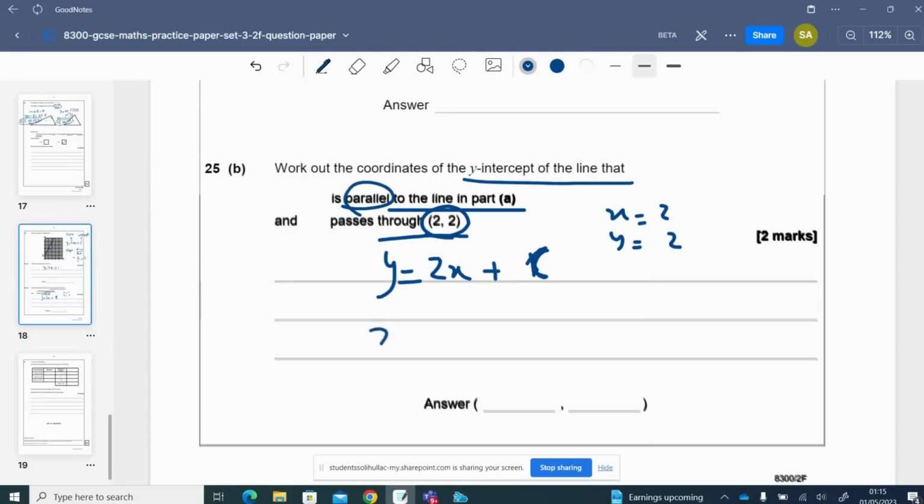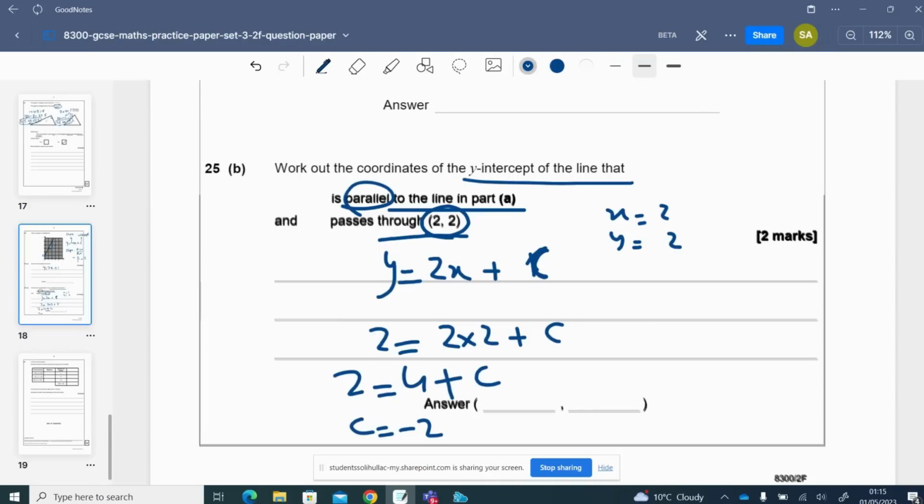So instead of y, you put the value of y, which is 2, equals 2 times 2 plus c. And that gives you 2 equals 4 plus c. So c equals 2 take away 4, which is minus 2. Right?